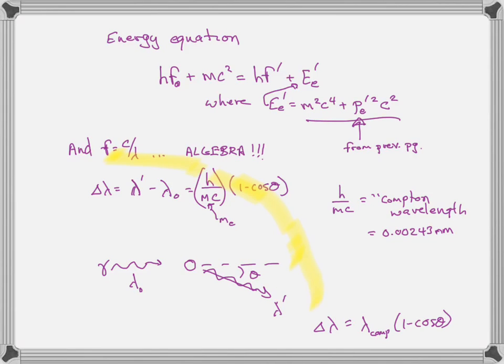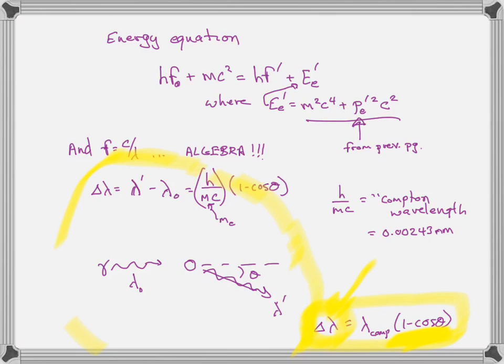He had some device which he could rotate around the apparatus, and when he detected photons at different angles, he was able to measure their wavelength, and he found that their wavelength changed as a function of angle. And it changed indeed, like this equation shows, which means that photons can be treated like particles, because in order to get this result, we had to treat the photon like a particle.